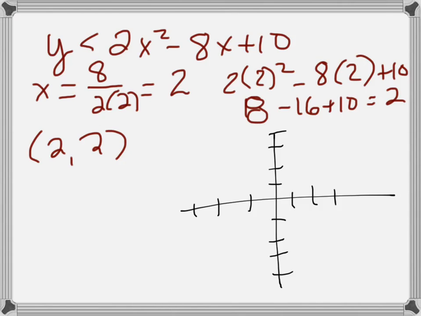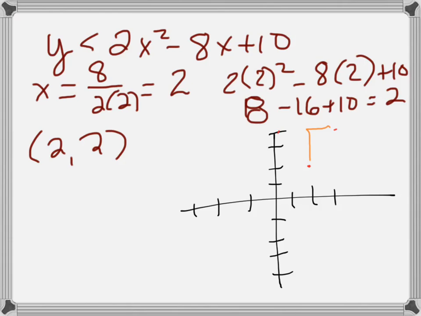We then are going to graph this on our coordinate plane, 2, 2. And then using our slope of 2, we go up 2 and over 1 to get our point. And then we get our symmetric point.